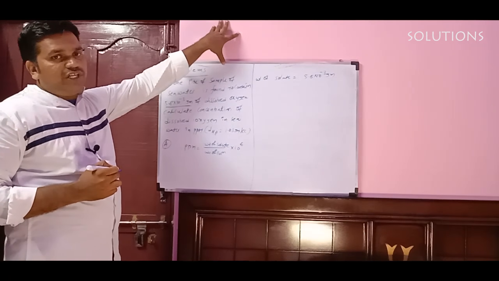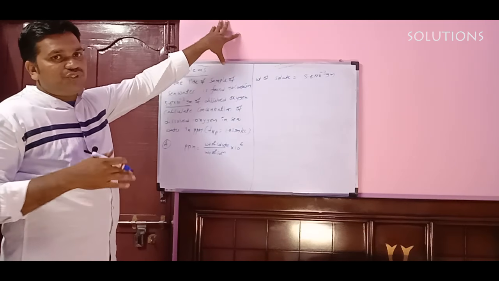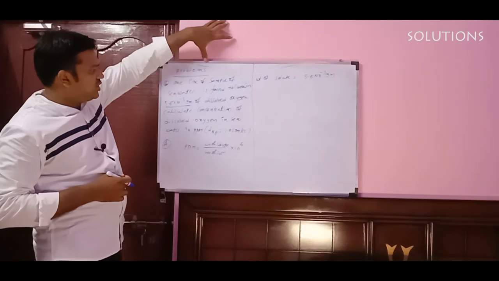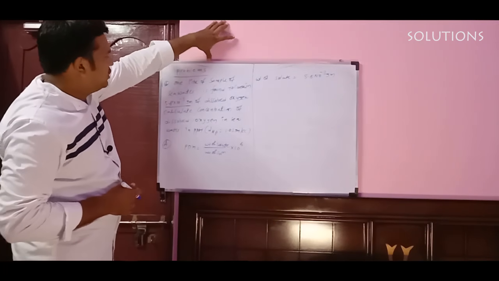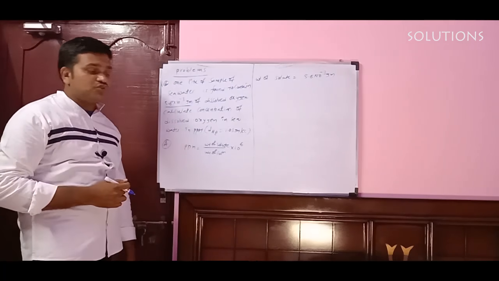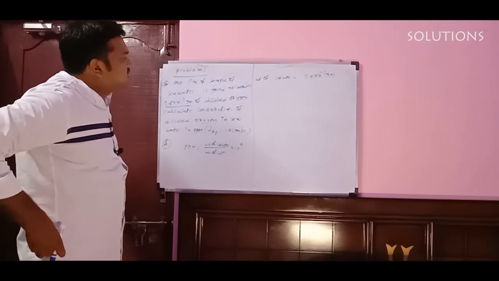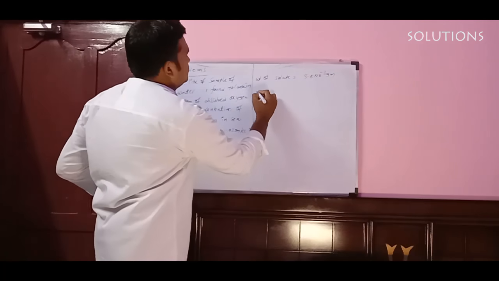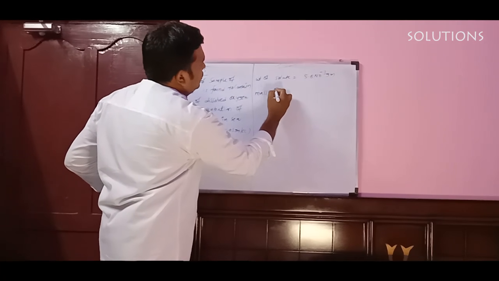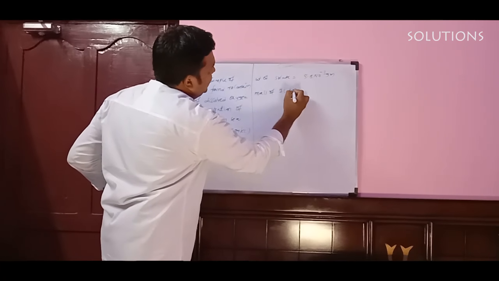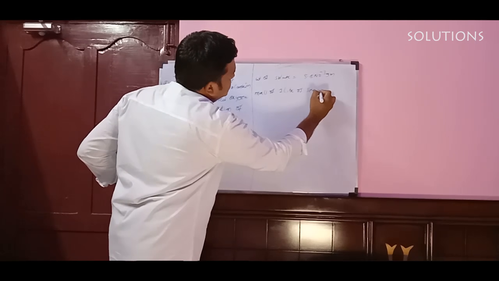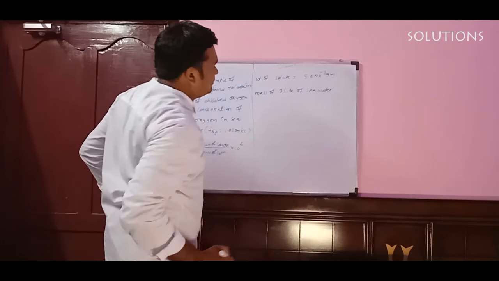So what you have to find out here? The mass of the solution. This mass of solution is present in 1 liter of the solution only. So we'll write here mass of 1 liter of seawater, which you have to find.